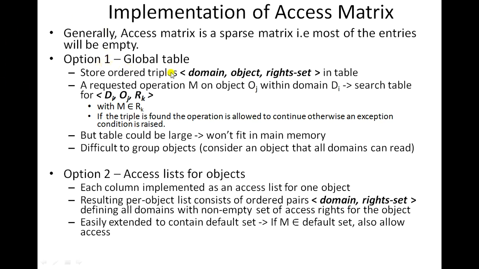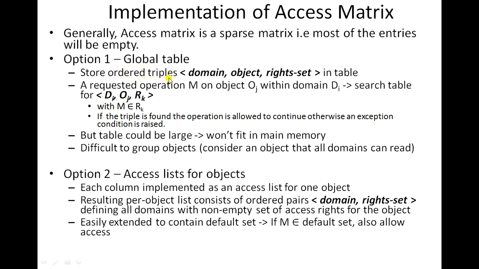That is the global table. The access matrix can be implemented as a global table, which is common to all the processes in the system. Hence, the name global table. In this global table, we can store ordered triples.